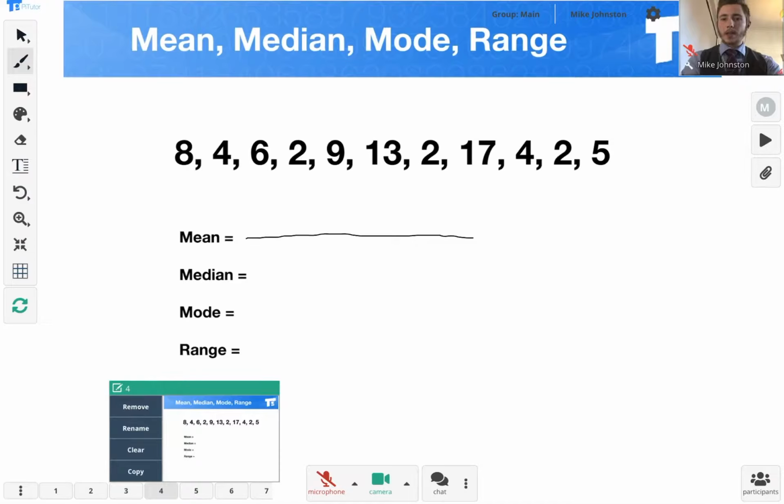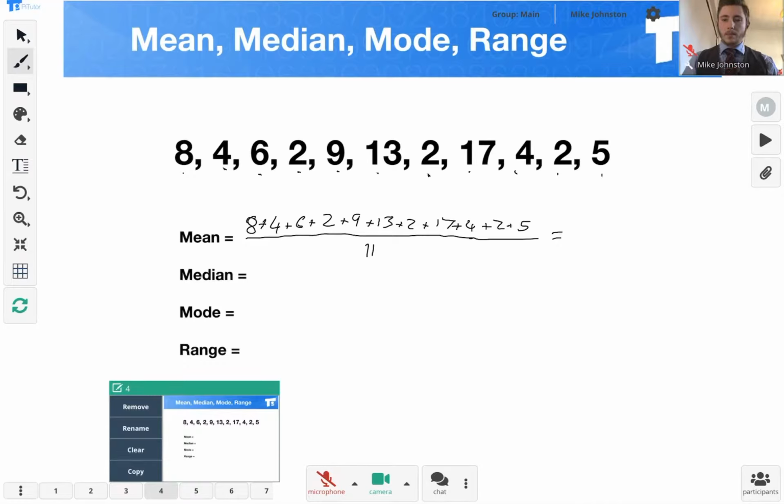We need to do 8 plus 4 plus 6 plus 2 plus 9 plus 13 plus 2 plus 17 plus 4 plus 2 plus 5, and all of that over how many numbers there are. So 1, 2, 3, 4, 5, 6, 7, 8, 9, 10, 11. All of that over 11, and then we'll put that into our calculator.